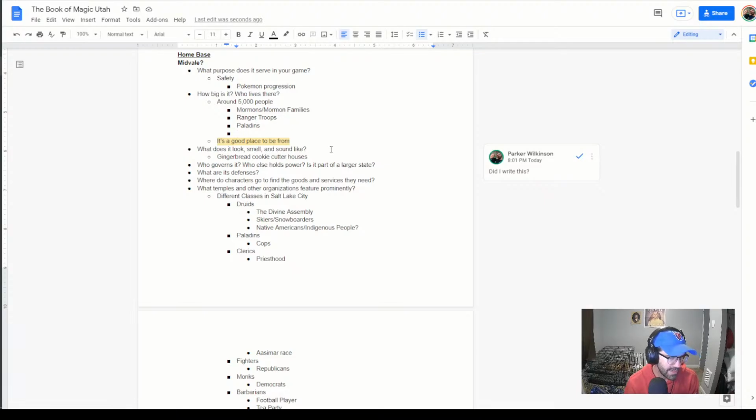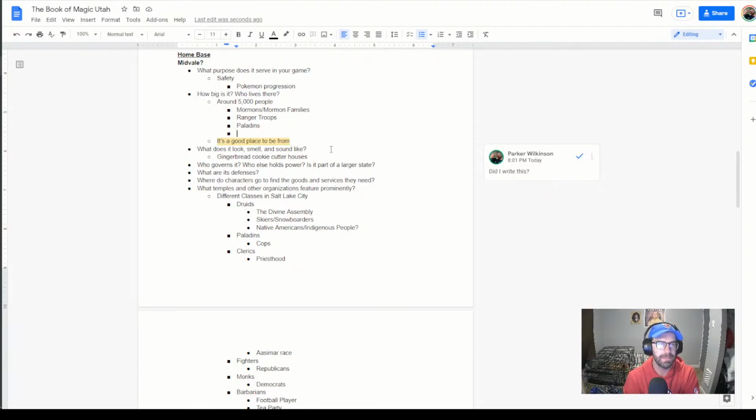You know, and we don't actually have to start in Midvale if we don't want to. For this campaign, I'd probably start in Midvale, but as I build this world, then I mean, it could go to Salt Lake. Yeah, I don't want them staying in Midvale very long.